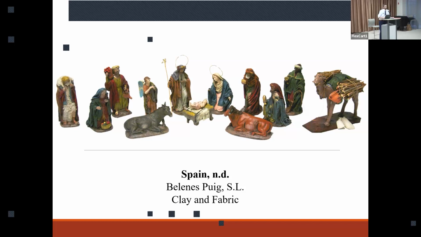We also work with him on setting the different themes for each year. And he also continues to support the collection financially with a special endowment that allows us to conserve and preserve the creches as need be, as well as commission certain pieces for specific anniversaries and dates.